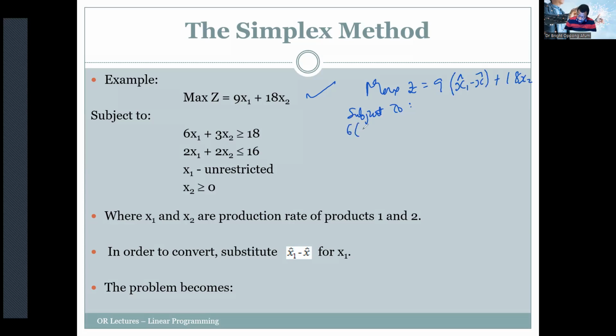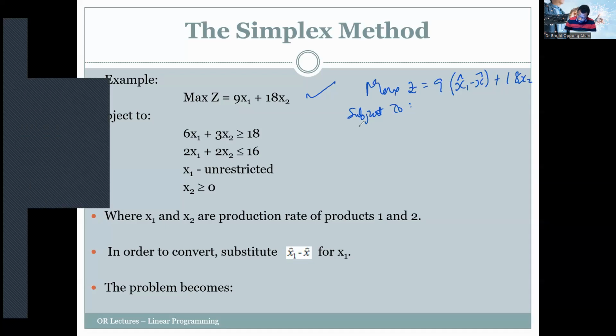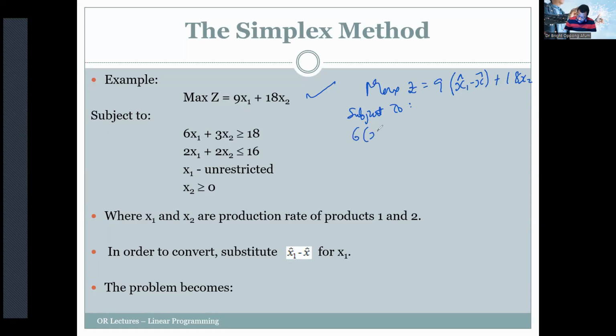6x1, so we replace x1 with x1 cap minus S cap: 6(x1 cap minus S cap) plus 3x2 greater than or equal to 18, and 2(x1 cap minus S cap) plus 2x2 less than or equal to 16.